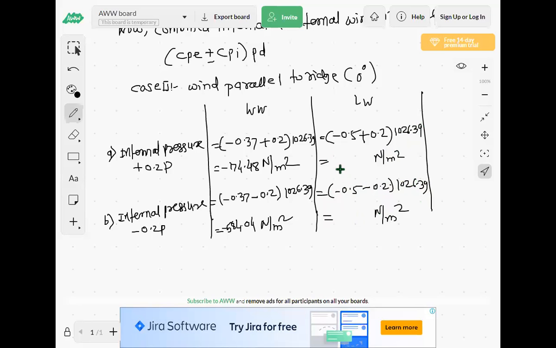So this much, 4 pressures, 4 for 90 degree and 4 for 0 degree.